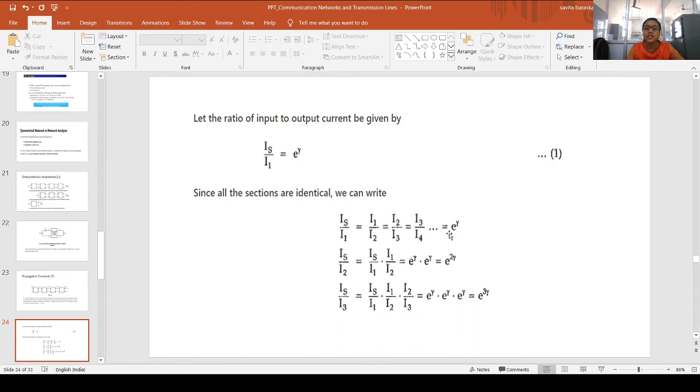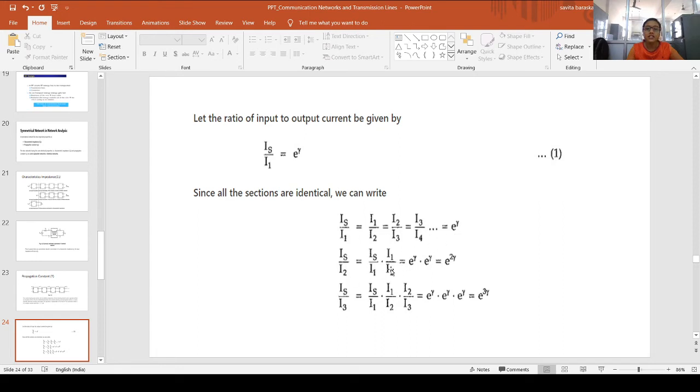So let us take that gamma is equal to, when e goes to the left hand side, it will be converted to the log. So gamma is equal to log of Is by I1. So we can say that propagation constant is the natural logarithm of the incoming current to the outgoing current.